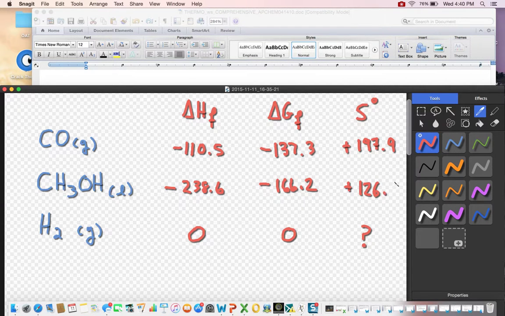Notice these entropy of formations are always going to be positive because there is an innate amount of energy dispersal that is associated with the presence of any kind of matter in nature. Delta H's of formation are always going to be negative because bond making is an exothermic process. The delta G's of formation should be negative, but sometimes they can be slightly positive.